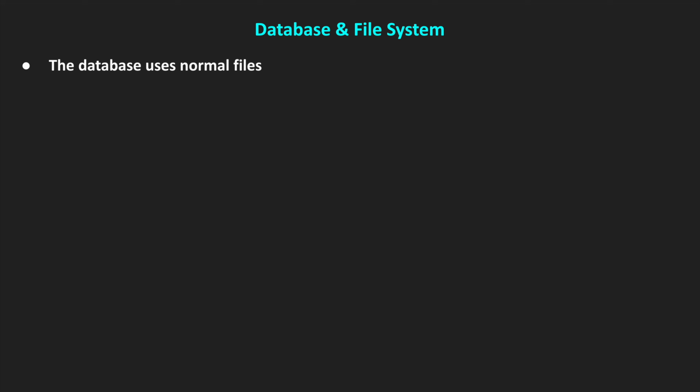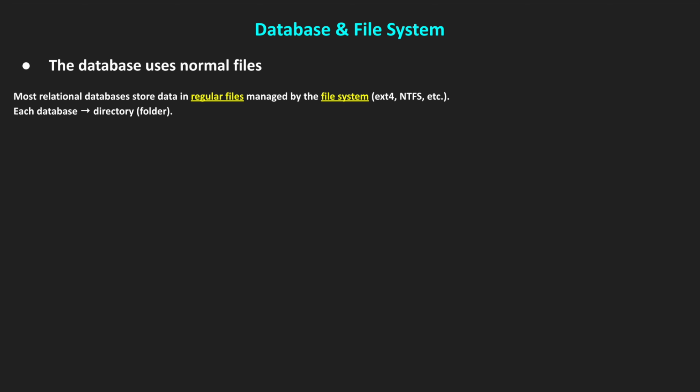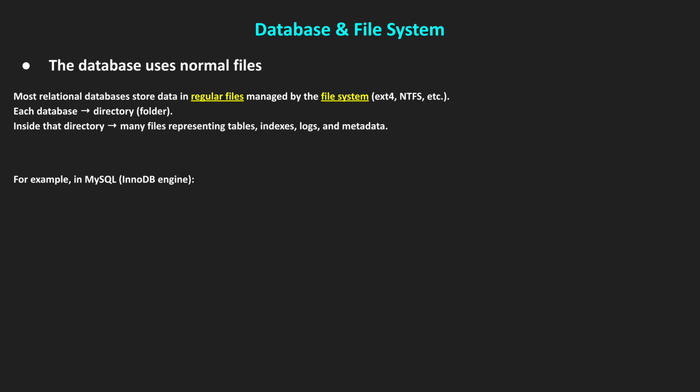So the database uses normal files, and most relational databases store data in regular files managed by the file system. Each database has a directory, a folder, and inside that folder we have many files representing tables, indexes, logs, and metadata.